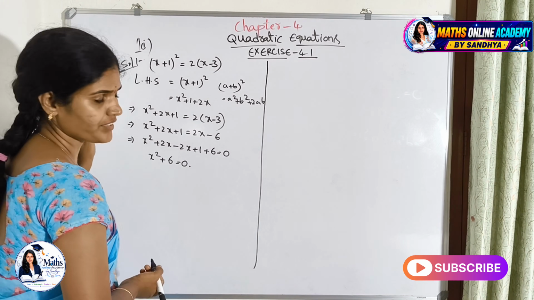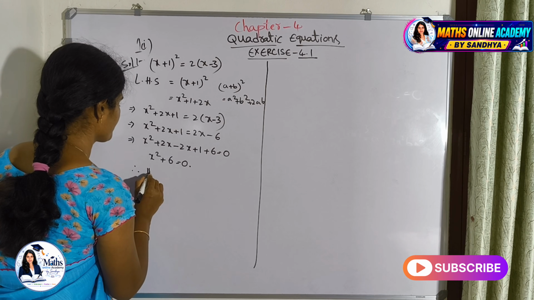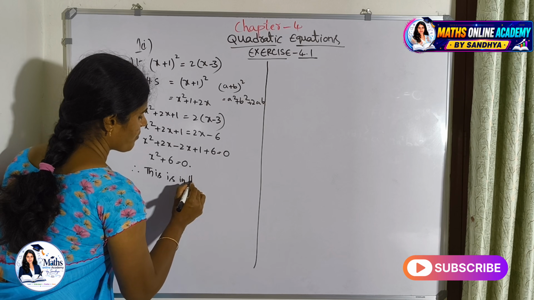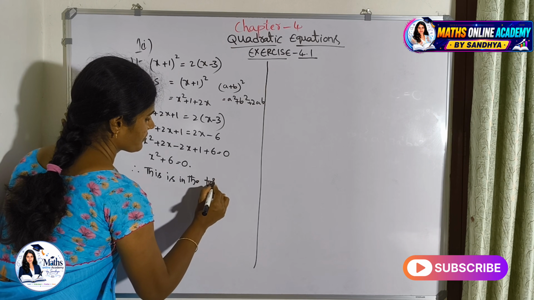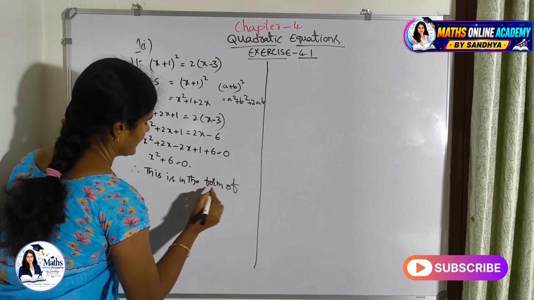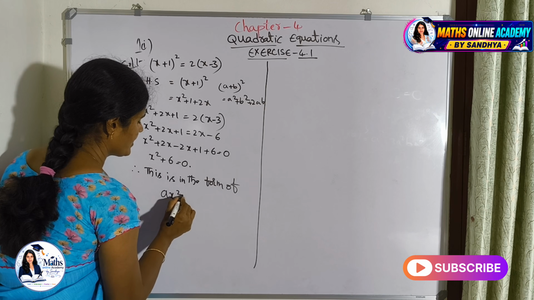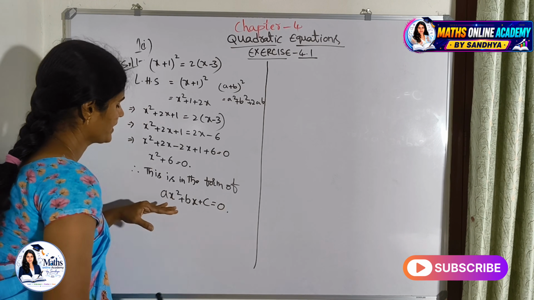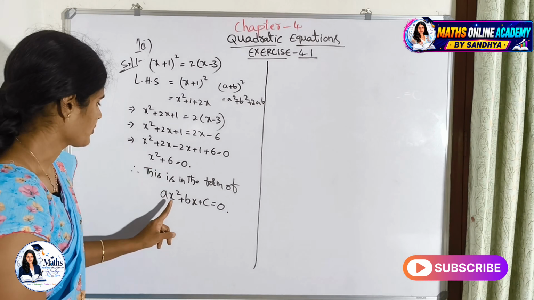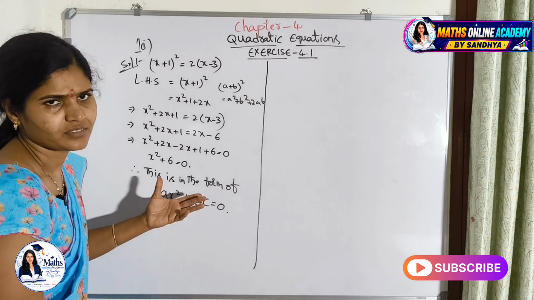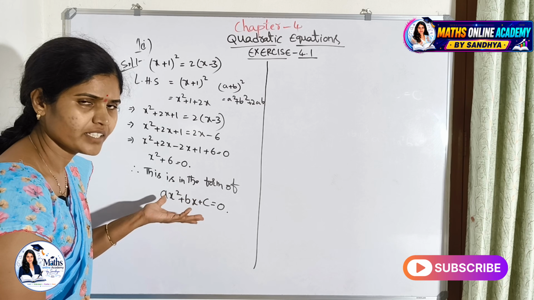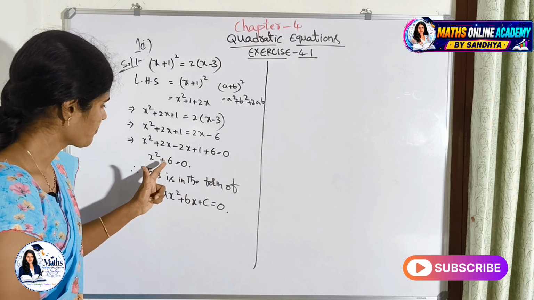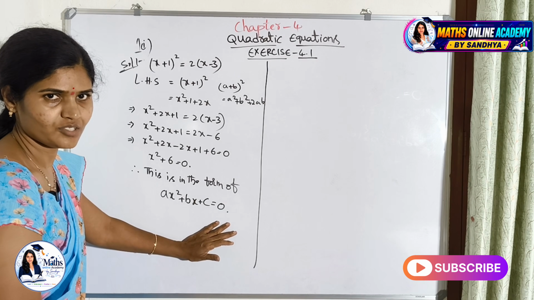This is in the form of ax square plus bx plus c equal to 0. ax square means 1 into x square. bx means 0 into x, that is the variable coefficient is 0, so that total comes to 0. Constant is 7.